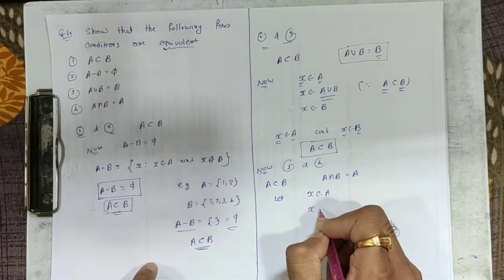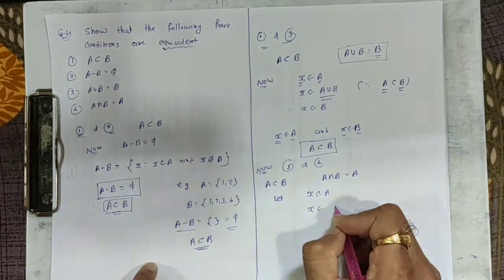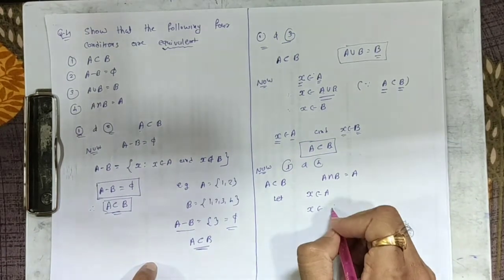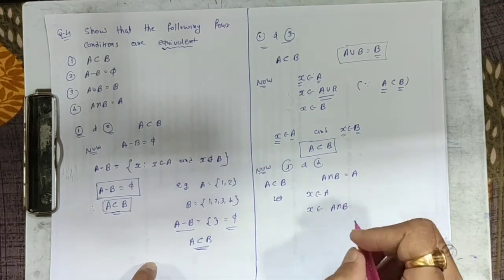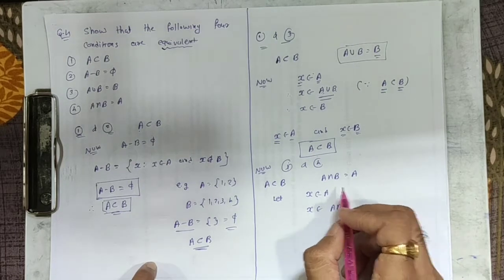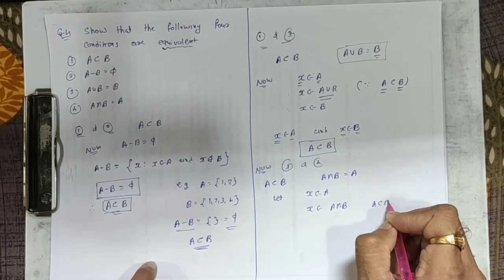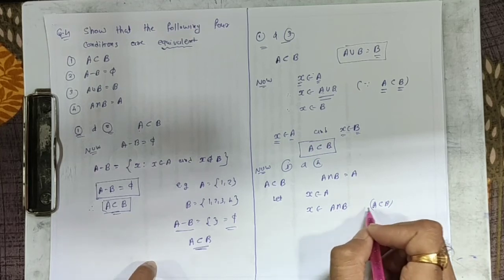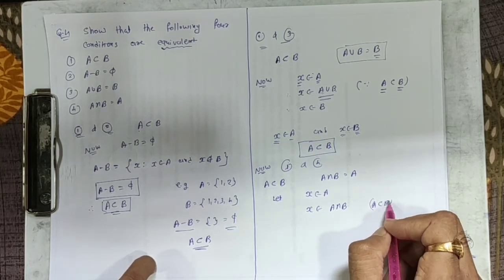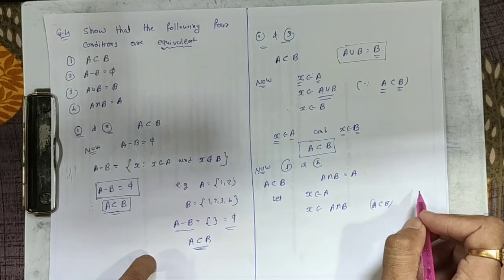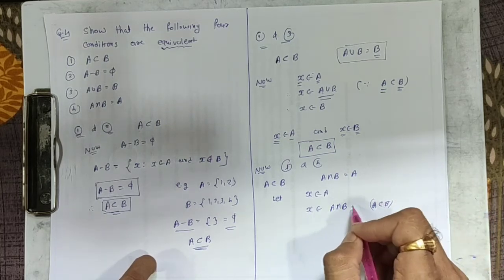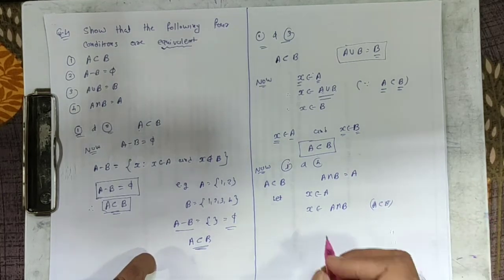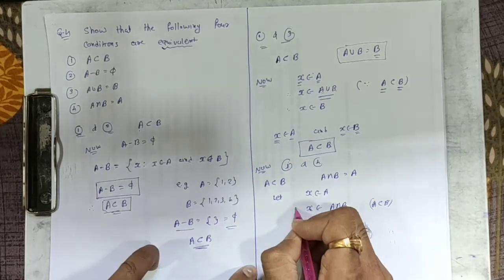And if x belongs to A, x will also belong to A intersection B, because A is a subset of B. If x belongs to A, then it will also lie in the intersection of A and B. क्योंकि A के सारे एलिमेंट B में होंगे, तो A और B का इंटरसेक्शन है, उसमें भी x होगा. So x belongs to A intersection B.